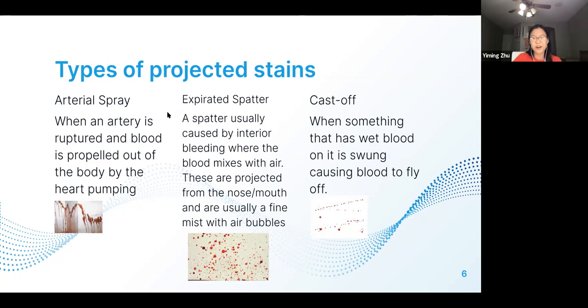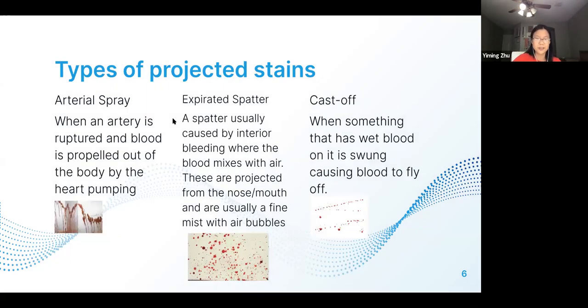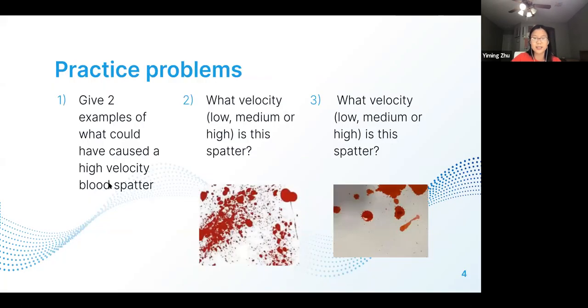There's one more. There were two categories in that. But this is the one I talked about on the second slide, where an artery is ruptured and blood is propelled out of the body.